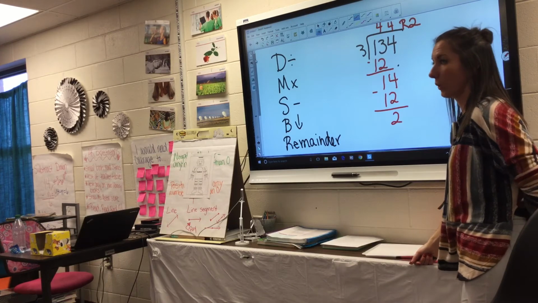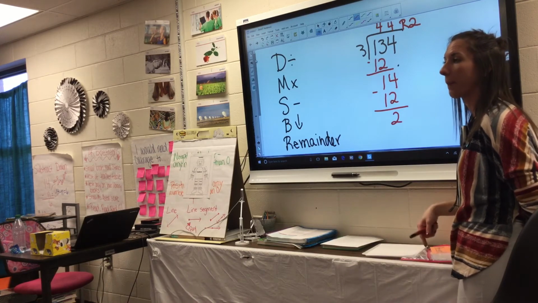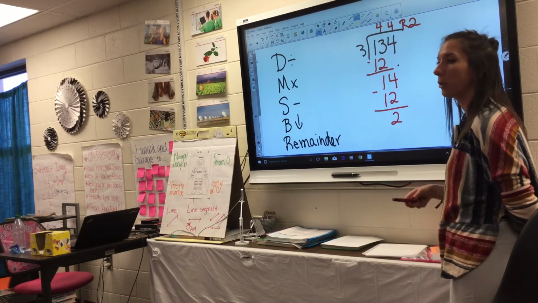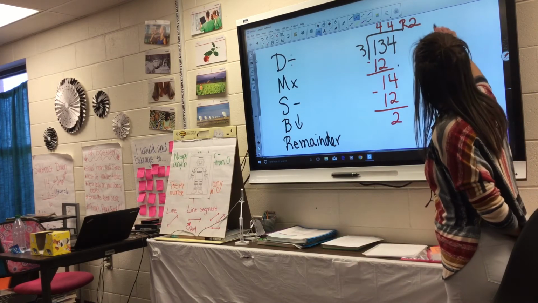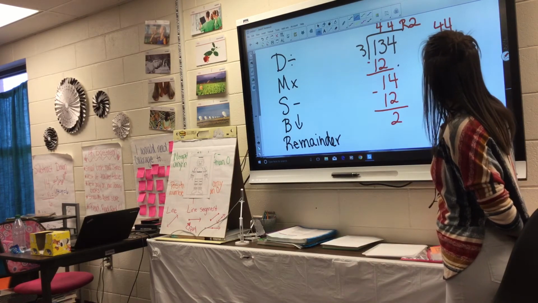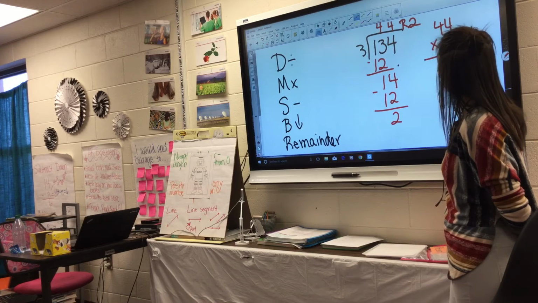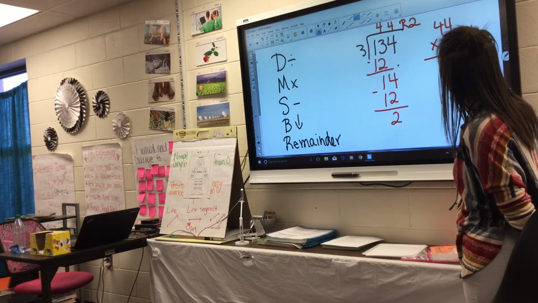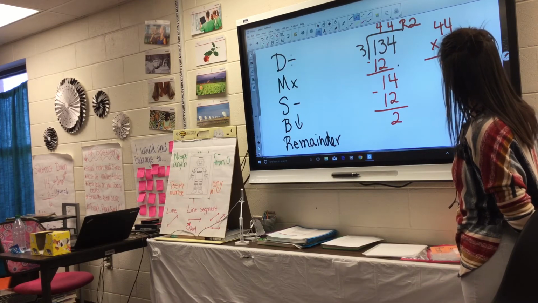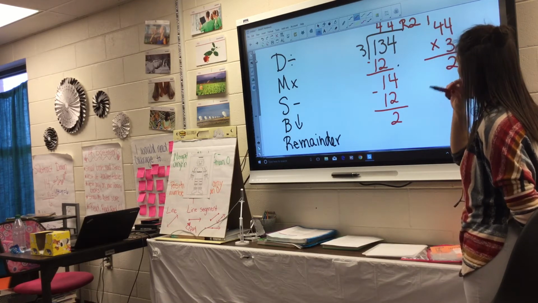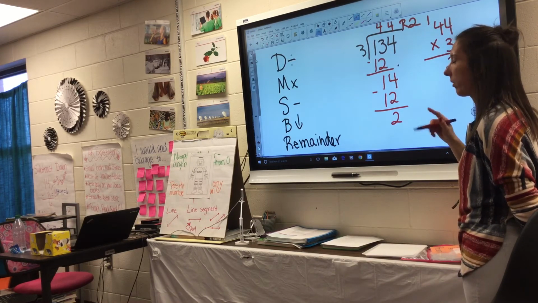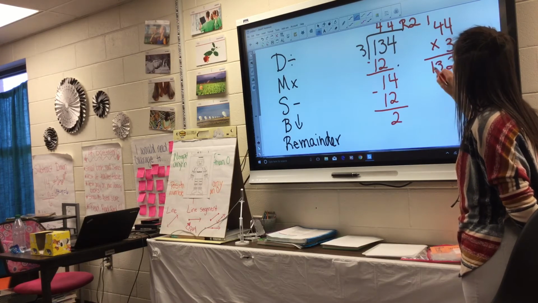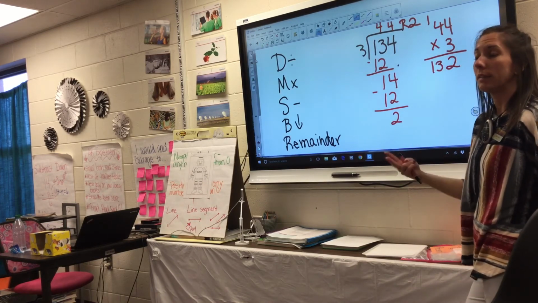Same box. We're going to check it. Do you guys remember how? Multiply. What am I going to multiply? 44 times 3. You should be writing this down. What's 3 times 4? 12. Put my 2. Carry my 1. 3 times 4 again. 12. Plus 1. 13. Here's the step that we need to add.